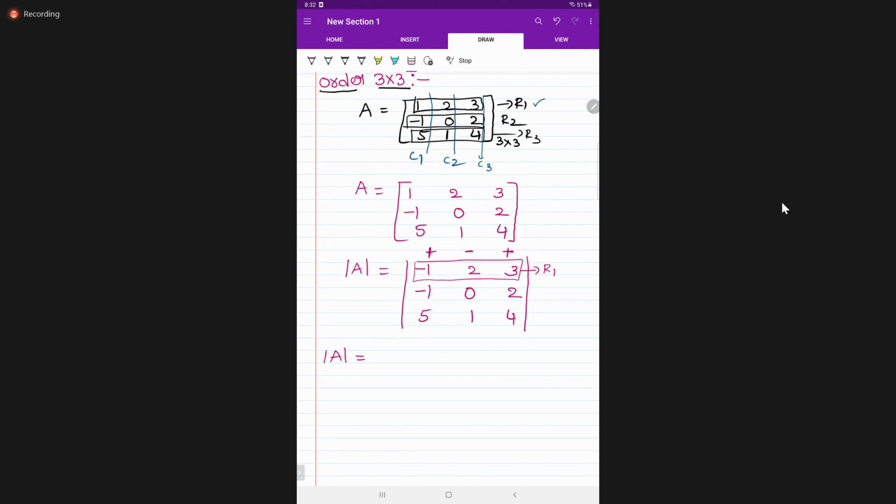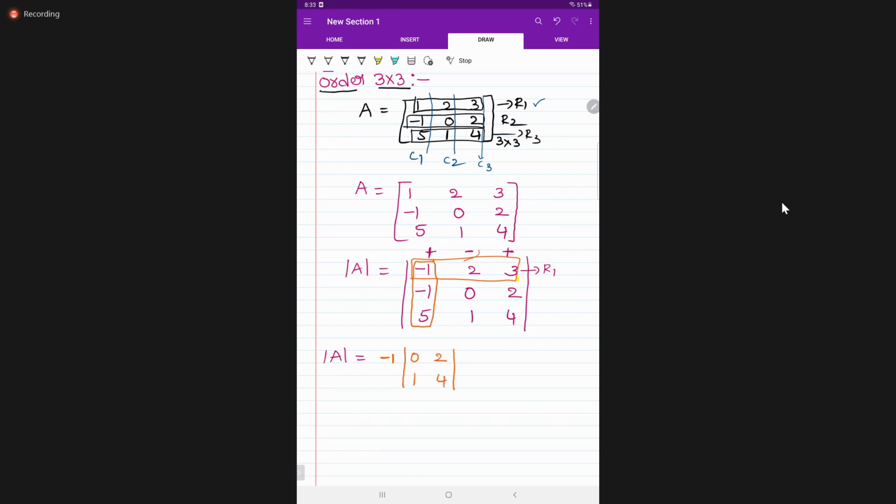First, 1 into, what is the first row, first element? Close this row, close this column, then you get a 2 by 2 determinant, 0, 2, 1, 4.